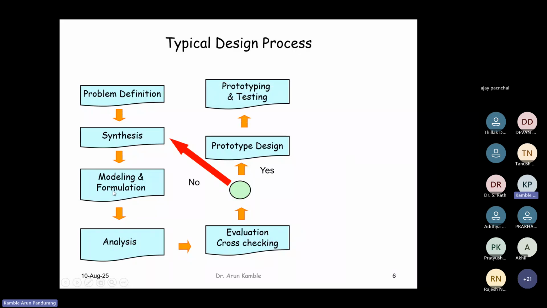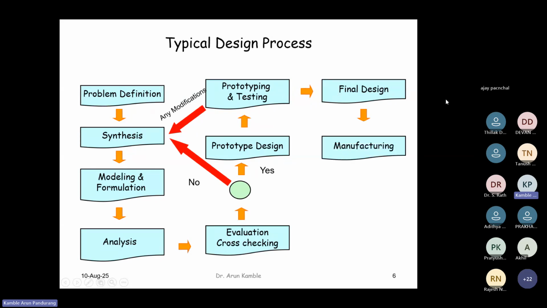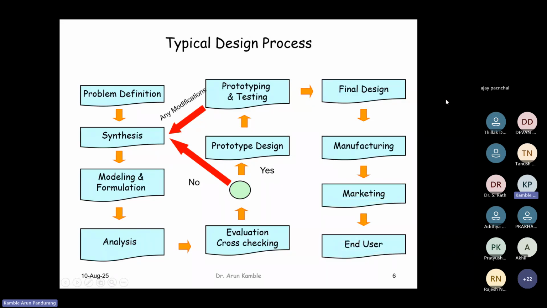After the prototype design, we test the prototype, and if there is any modification, we again go to the synthesis phase. If it is okay, then we go for the final design, then manufacturing, then marketing, and we provide the products to the end user.